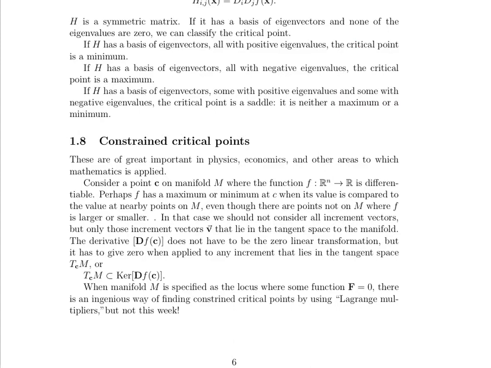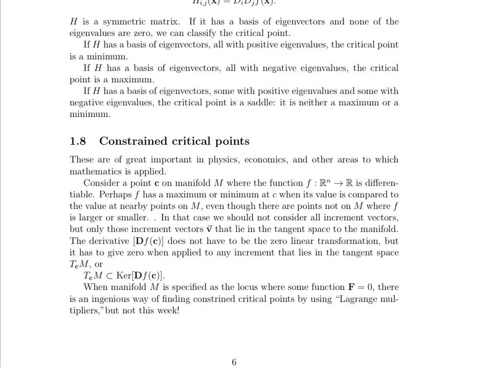The idea is that we don't consider all the increment vectors, but only the tiny increment vectors that lie in the tangent space to the manifold. The derivative df evaluated at C does not have to be the zero linear transformation, but it does have to give 0 when applied to any increment vector that lies in the tangent space.